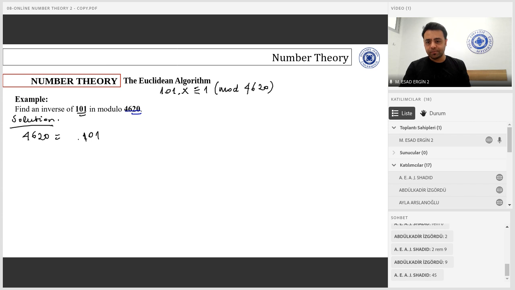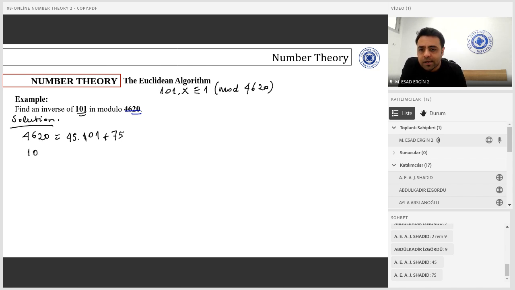What is the remainder? It is 75. Great. So the same procedure we are going to apply.